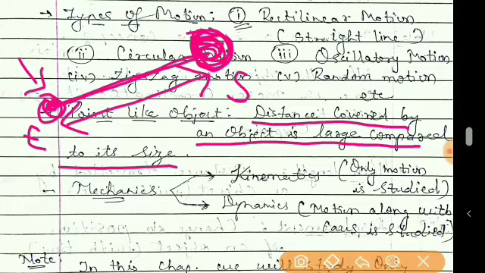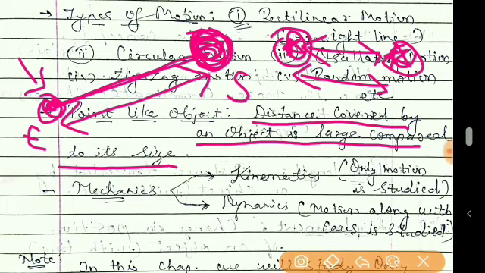Also, if there are two stars in the sky, and we want to measure the distance between the two stars, we have to consider these stars as point-like objects. So when the distance is very large compared to the size of the objects, we can consider those objects as point-like objects.